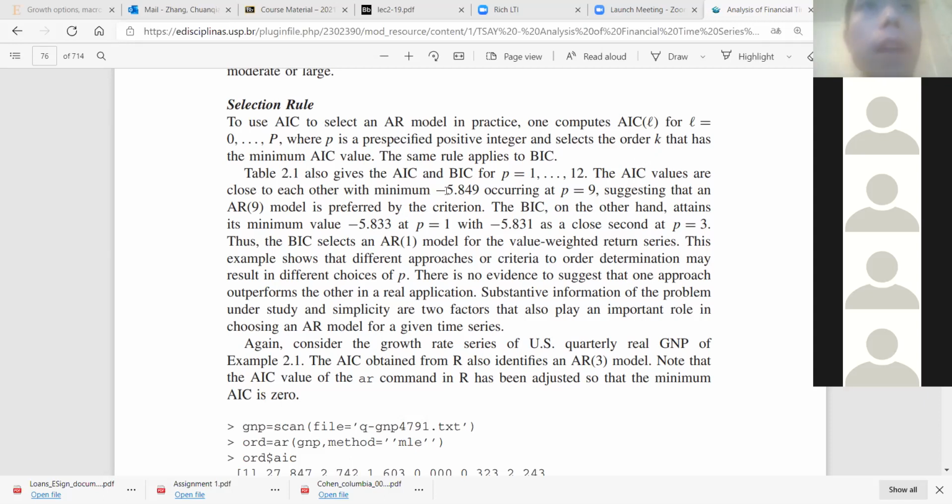With a minimum of -5.849 occurring at p equals 9, suggesting that the AR9 model is preferred by the criteria. So you can use the AR9 model. And for the BIC criterion, the minimum values are at p equals 1 and p equals 3. So the BIC selects the AR1 model, right?